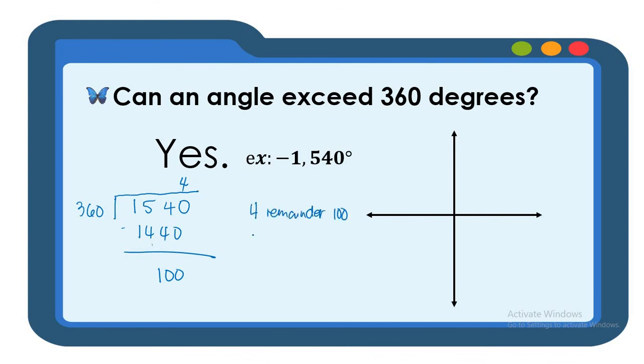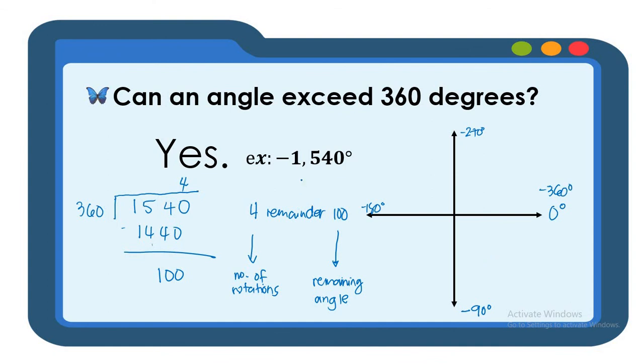remainder 100. So the whole number will be the number of rotations and the remainder would be the remaining angle that you're going to draw. That's why it's called a remainder. So since this time it's negative, 0 degrees is here, negative 90 is here, negative 180 is here, negative 270, until it goes back to the positive x-axis, which will denote negative 360 degrees.